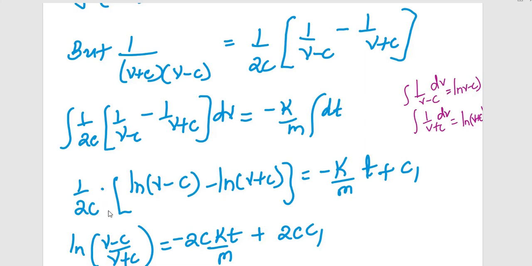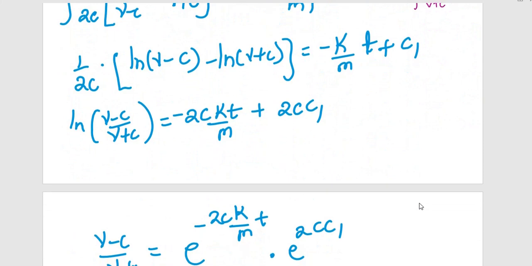So now we bring it in here and substitute it in. This will be 1 out of 2c into the natural logarithm of v minus c minus the natural logarithm of v plus c is equal to negative kt out of m plus a constant of integration, say c1. So if we use the laws of logarithms, I can have logarithms of the same base.